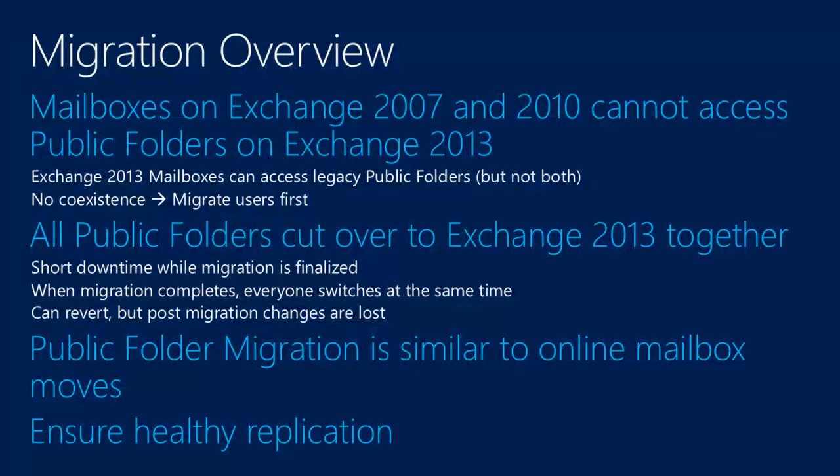As I was transitioning out of my old field role, one of the things I had conversations with customers about was trying to collapse your public folder environment as much as possible, just to minimize the impact of performing your migration. That way you can ensure healthier replication.